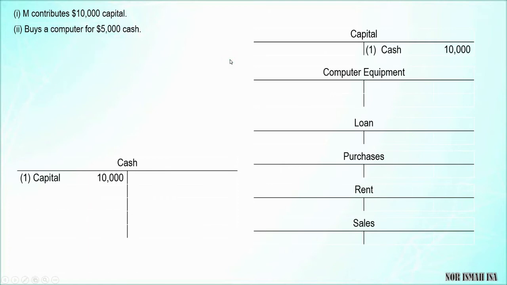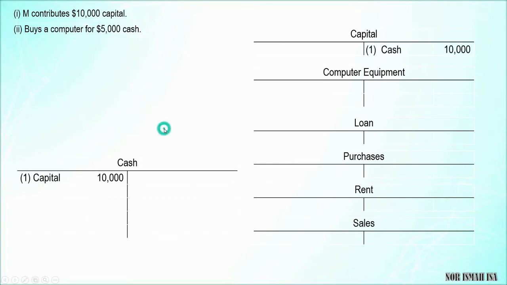Next, M buys a computer for $5,000 cash. Again, this involves the cash account and computer, which falls under computer equipment. So the cash is now paid out, which will decrease the cash.